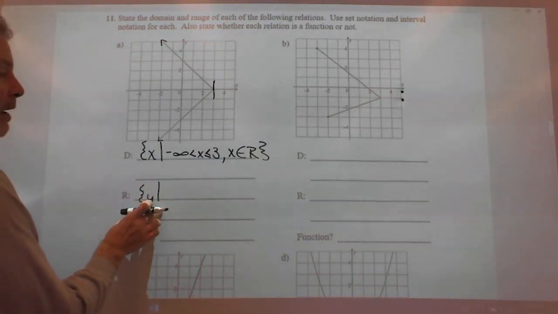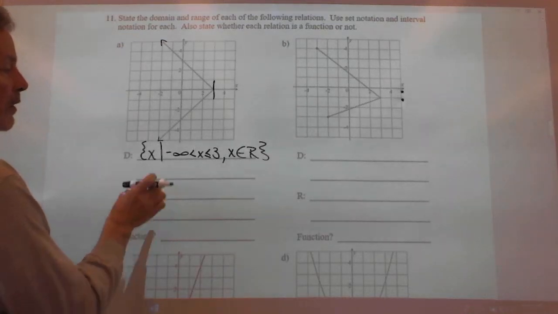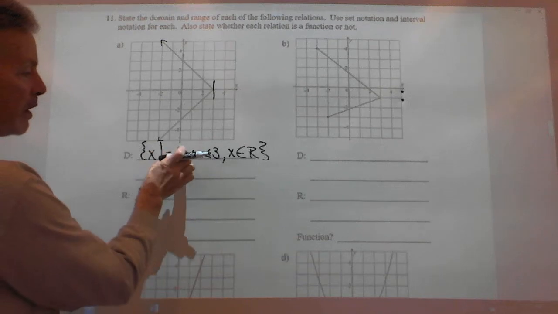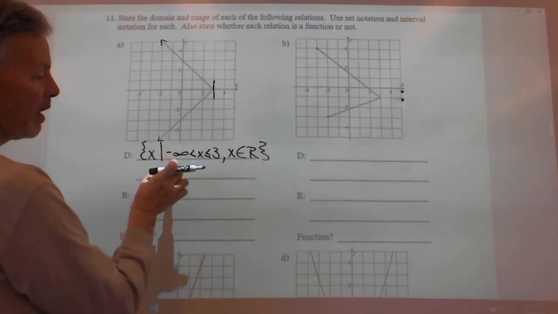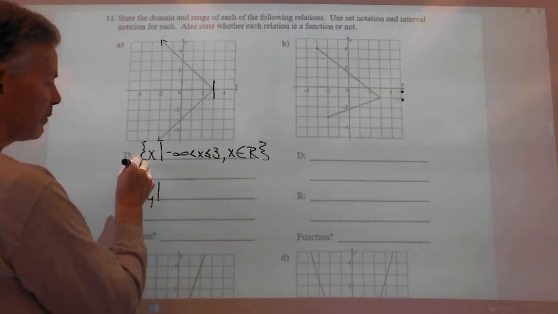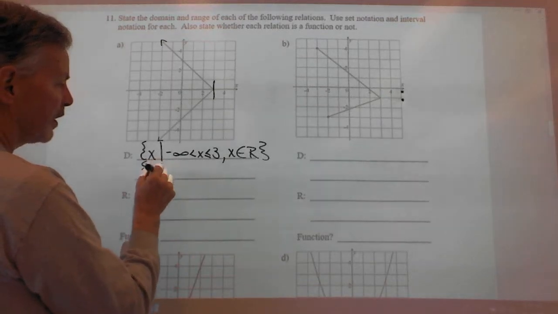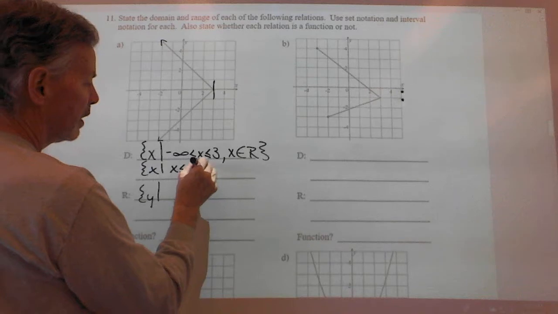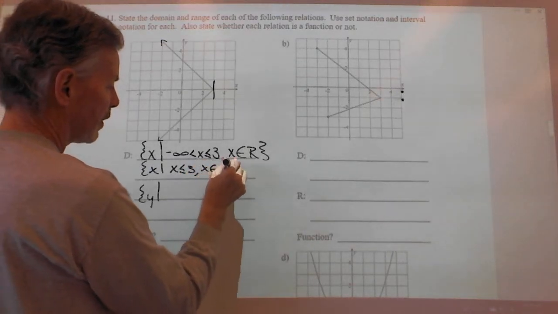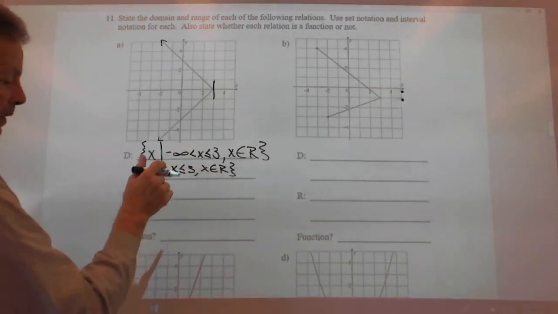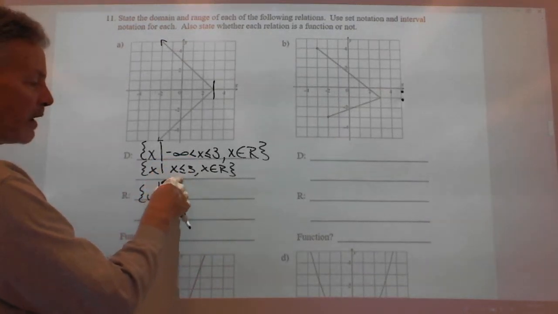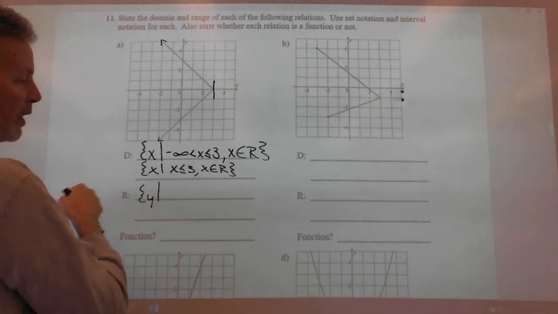Now for y, let's go back to x for a second. You'll also sometimes see the domain written without mention made of infinity. So sometimes you'll see it written as x such that x is less than or equal to 3 and x is an element of the set of real numbers. The only difference is, if I write it like this, it means x can go all the way down to infinity.